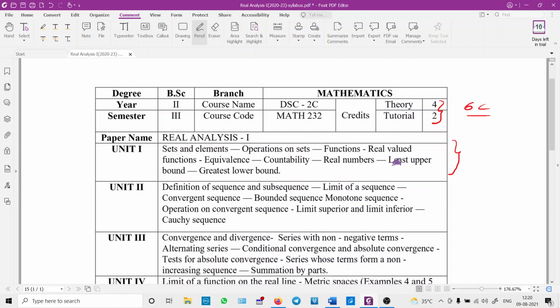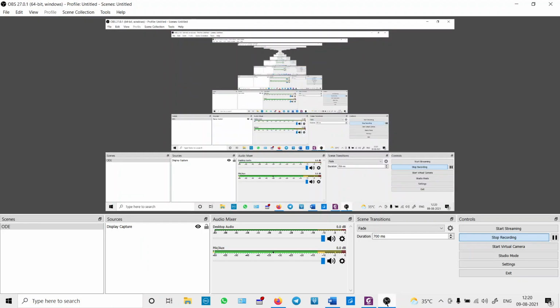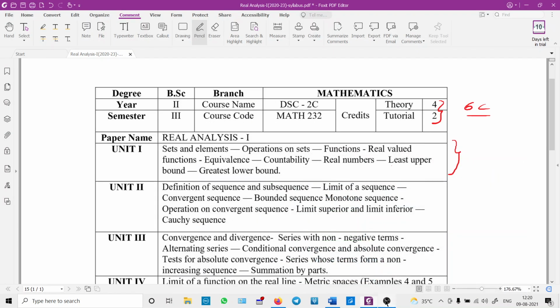Then finally we will end up with what is called the least upper bound and greatest lower bound.